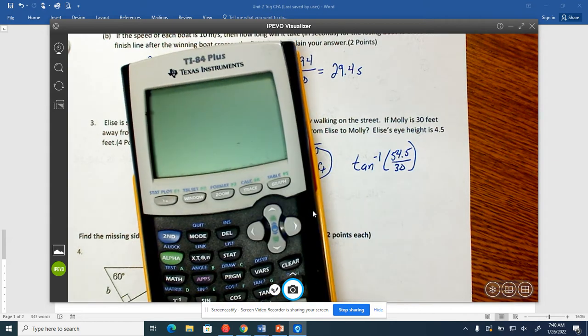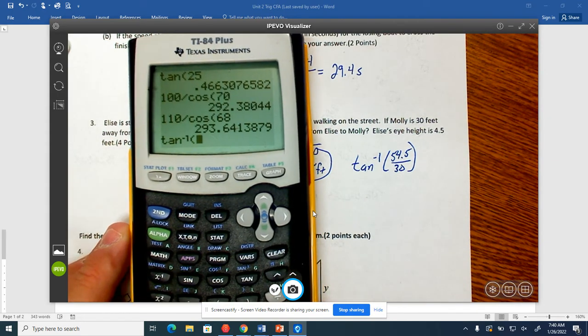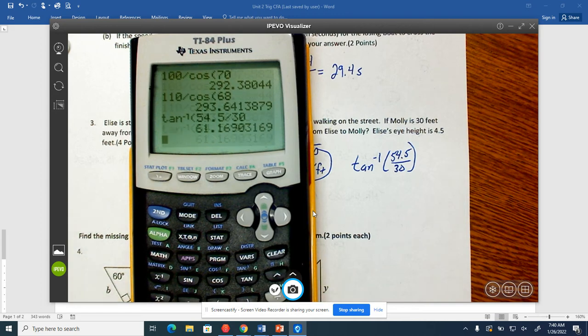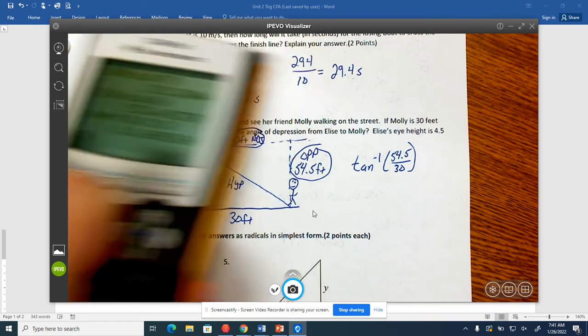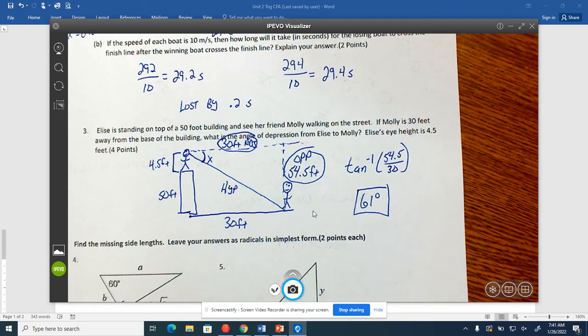In my calculator, I'm going to do second tan opposite over adjacent. So I would have taken this answer several different ways, 61.17, 61.2, or I just wrote it down as 61 degrees.